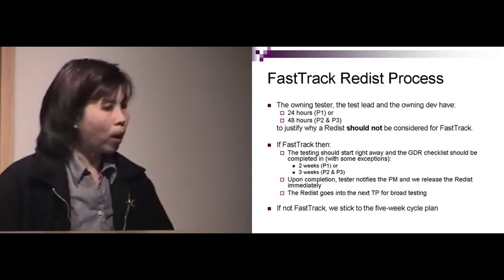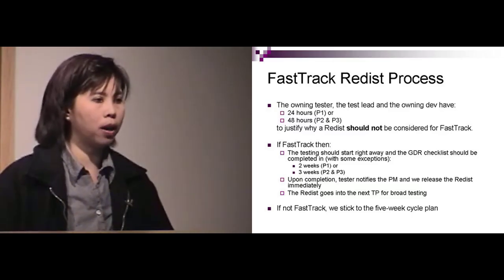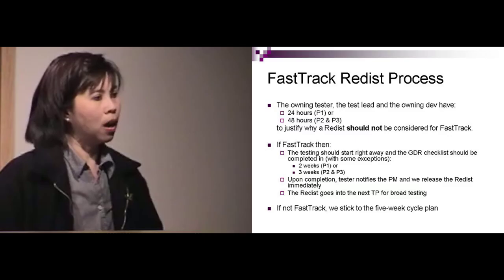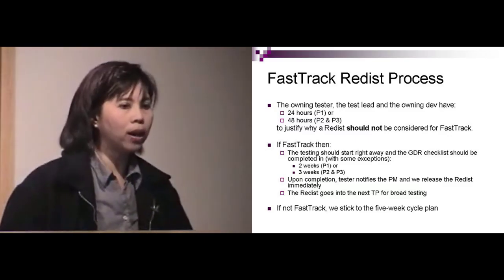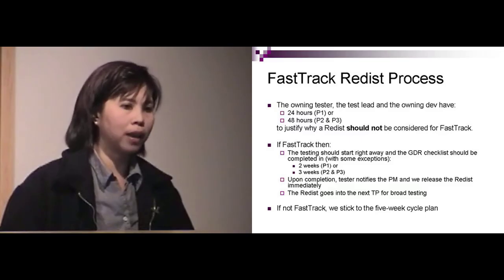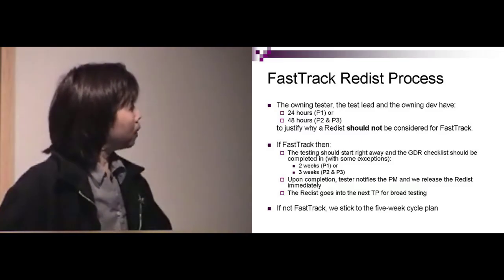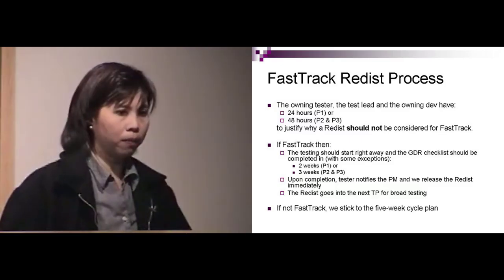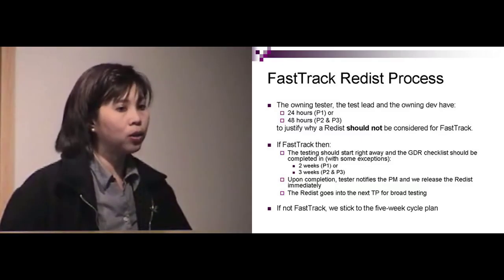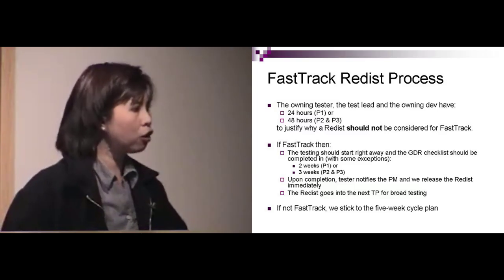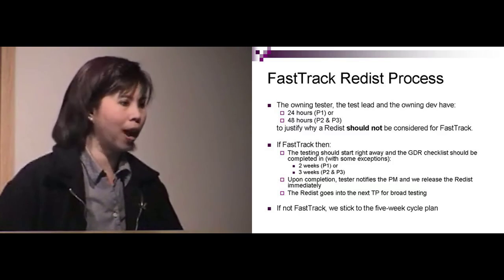If the request is approved, then he talks to the owning party, which means the development owner and the test owner, to give a quick assessment whether or not this bug fix can be released on a fast track. What we're saying to the dev and test owner for these Redist requests is that for a P1 request, you need to give us a yes or no, just basically a nod, in 24 hours. Yes, this fix is okay to be released on a fast track or not.